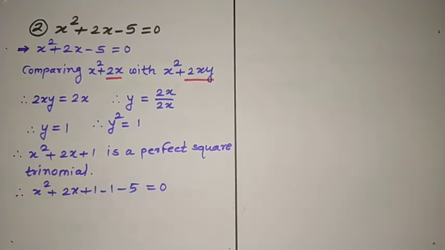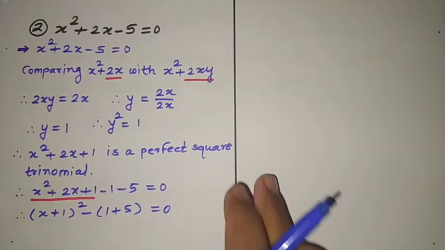Here the first three terms are written in the square format. To square this term, write down the square root of the first term, give the sign of the middle term, and the square root of the third term in a square bracket. Minus 1 minus 5 is equal to 0.